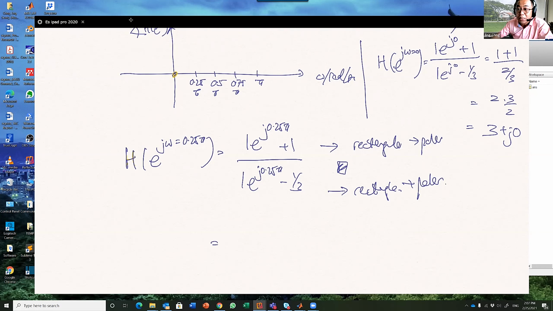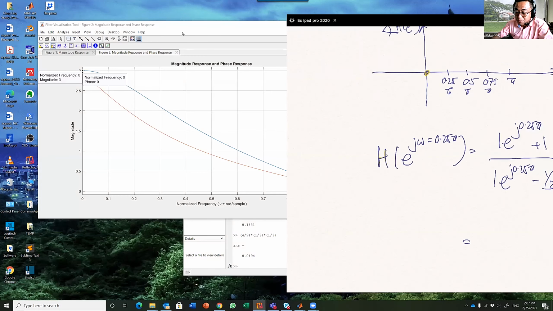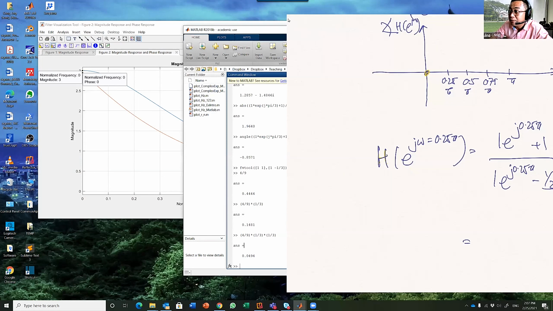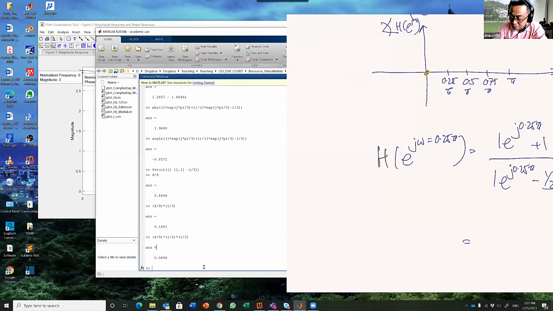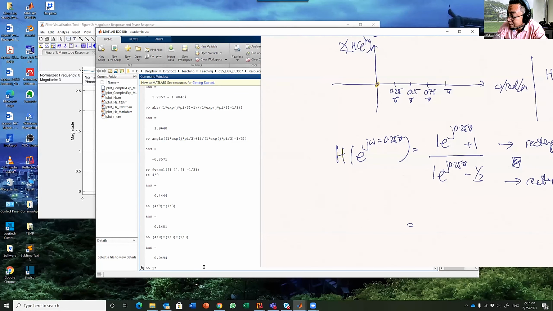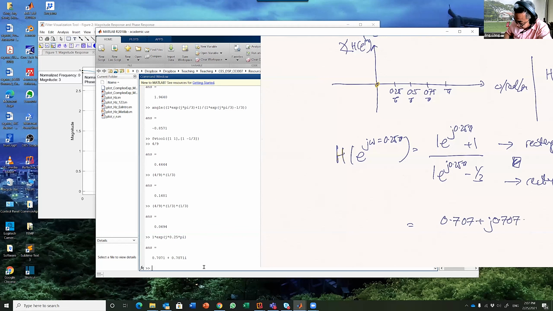So let us see how I use MATLAB to do the top and the bottom. The top is 1 times exponential of j times 0.25 times pi. So what is this number, guys? It will be 0.707 plus j0.707, plus 1, divided by the bottom, which is also 0.707 plus j0.707 minus 1/3.